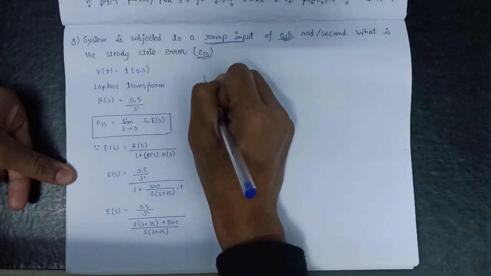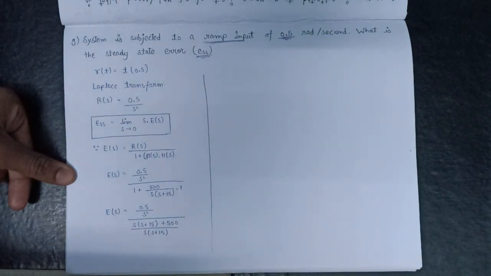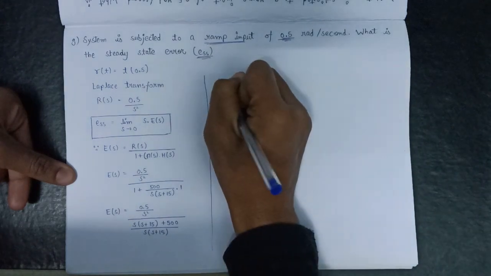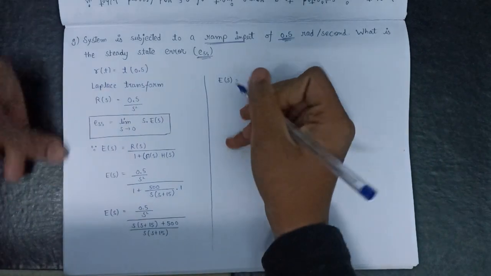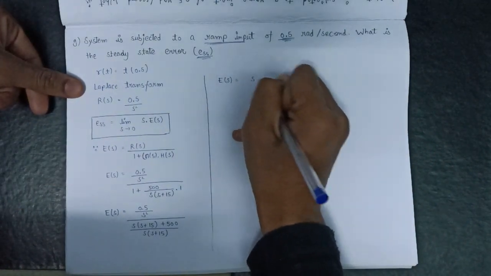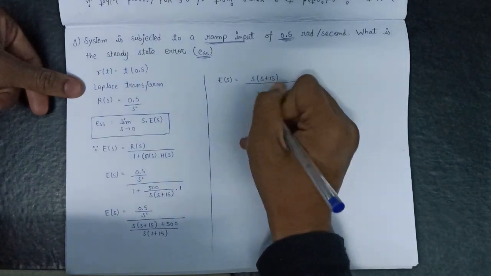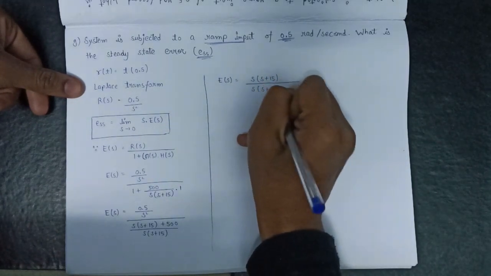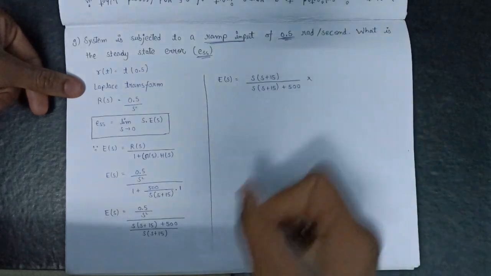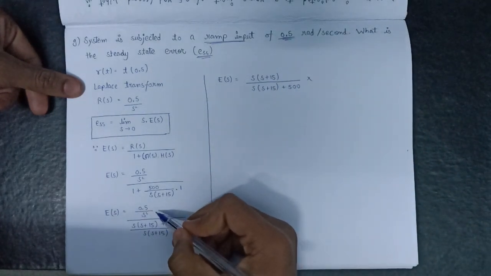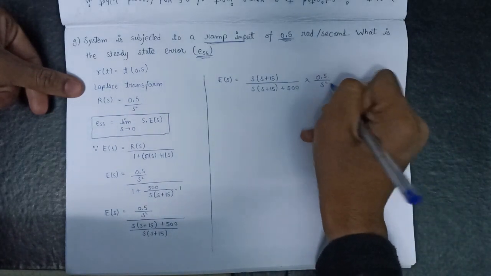So E of S can also be written as, on doing the cross multiplication, S plus 15 over S into S plus 15 plus 500 times 0.5 over S square.